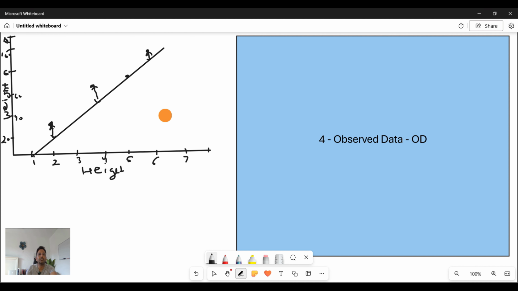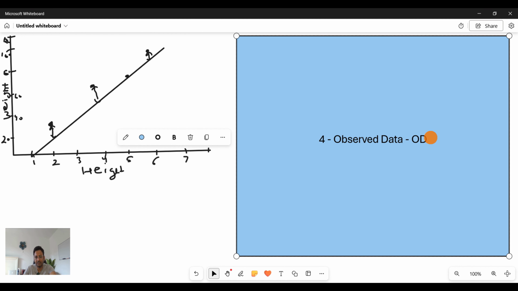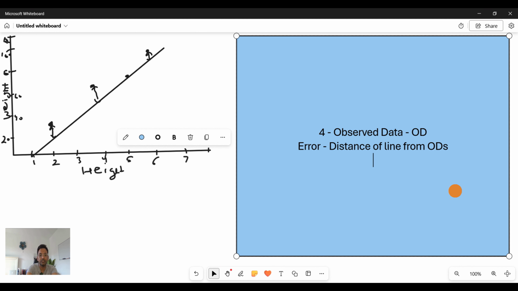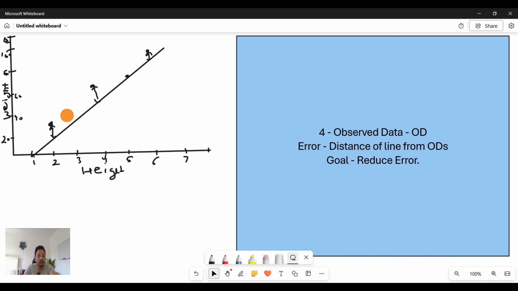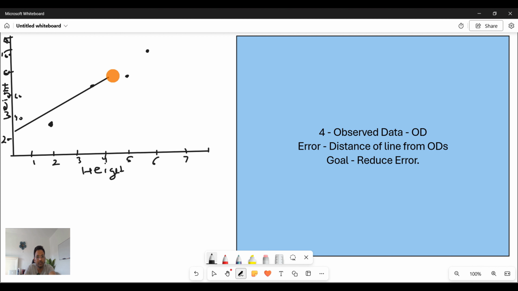For this distance we call it error, because this is an error which we want to reduce. What is our goal? Goal is to reduce error. So you will take this line out and place it maybe like this.